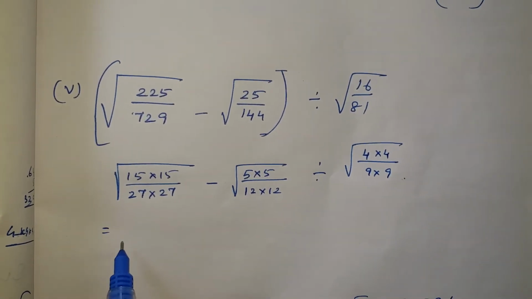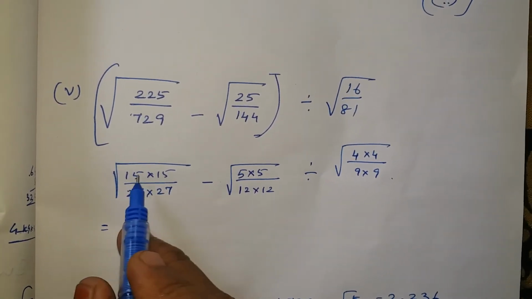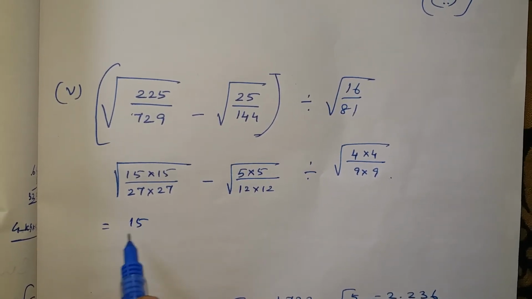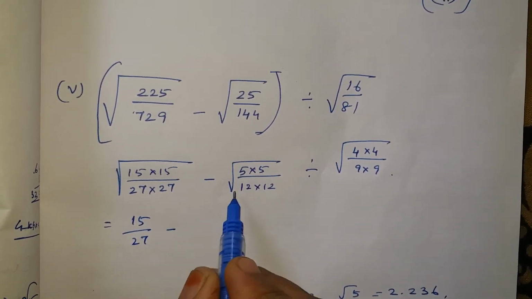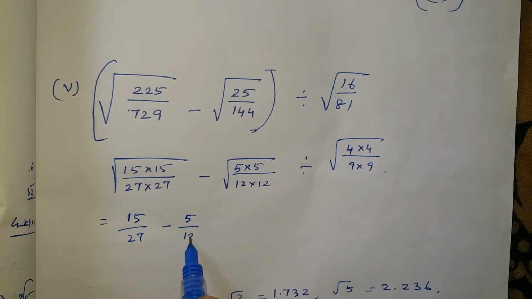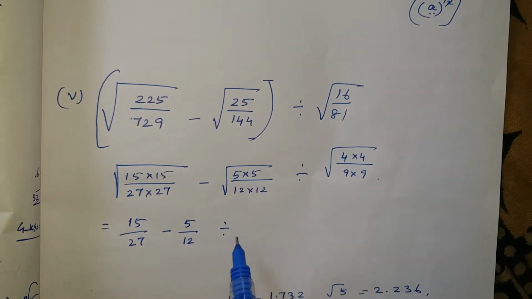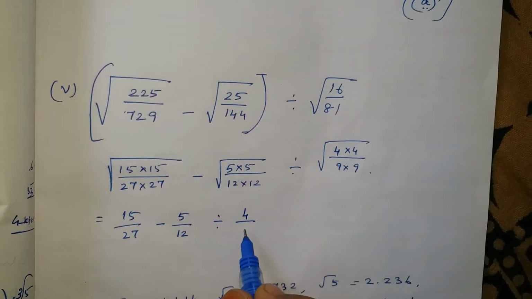When you take the square root, out of 2 equal values you take one value. So 15 by 27 minus 5 by 12, divided by 4 by 9.